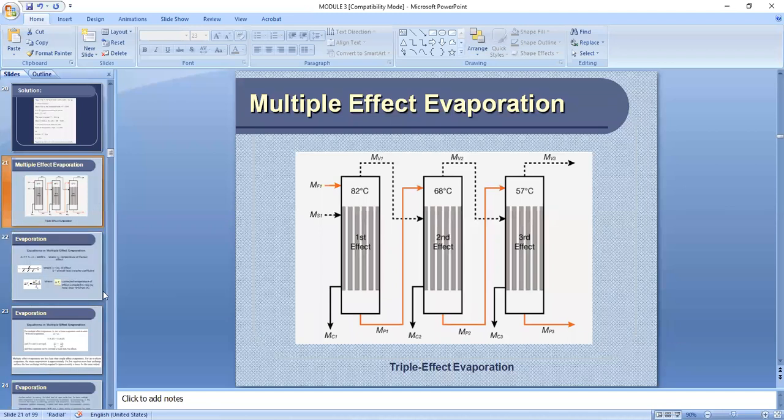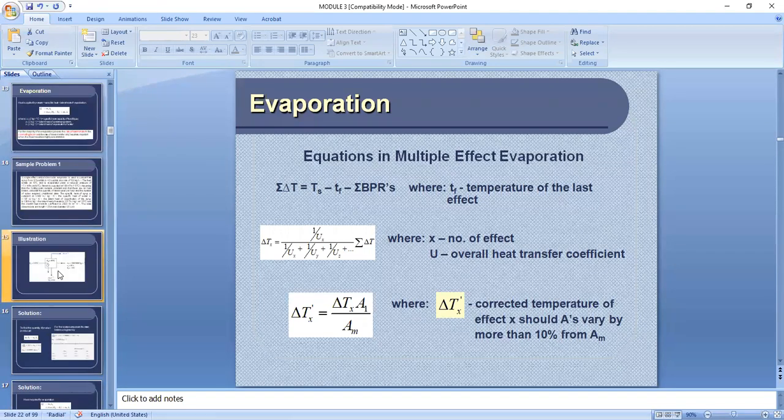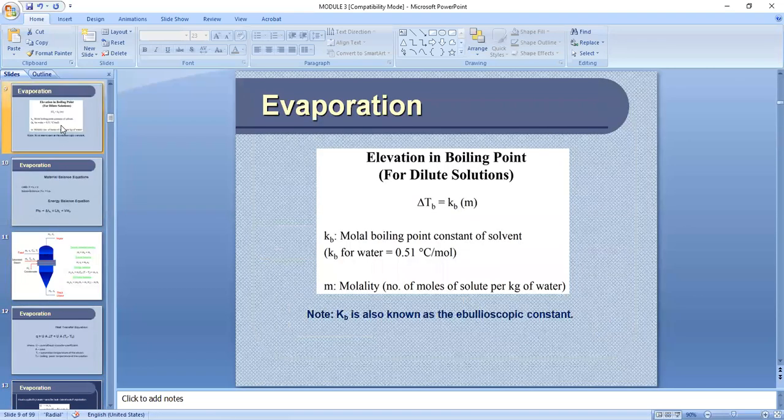What added formulas do we need to take note of regarding multiple effect evaporation? So let's look into them one by one. When we determine the delta T, it's not as simple as the delta T that we have if we have a single effect. Okay, I'd like to go back to that so you'll be reminded.